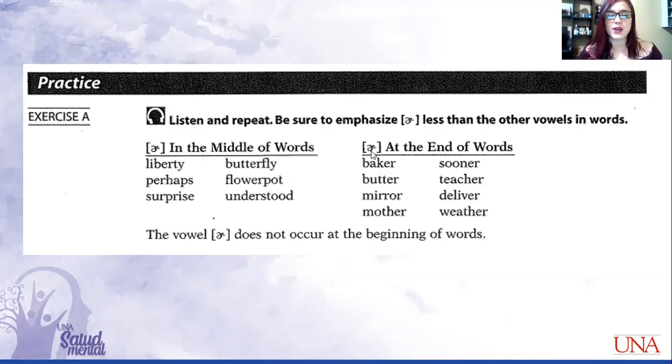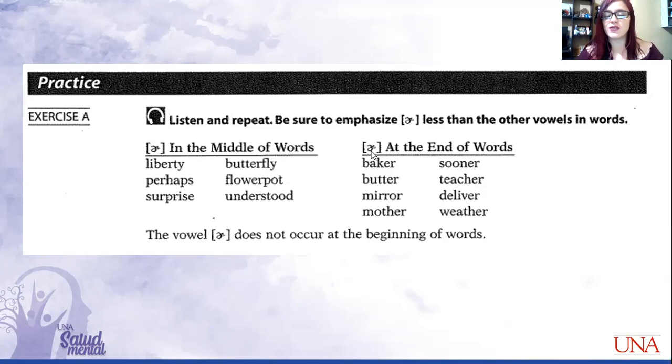We have surprise, butterfly, flower pot, understood, baker, butter, mirror, mother, mother.